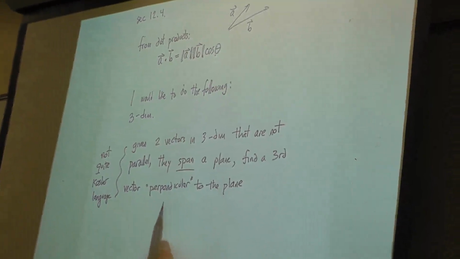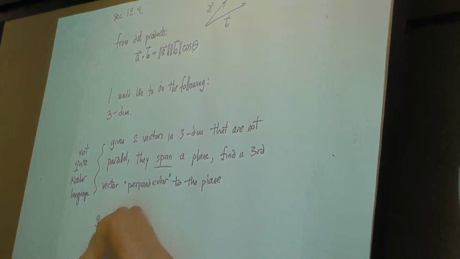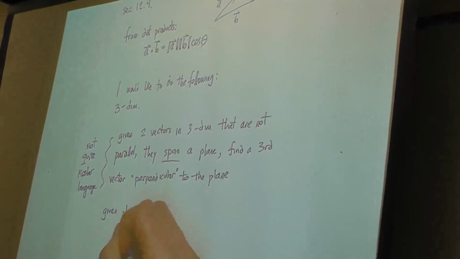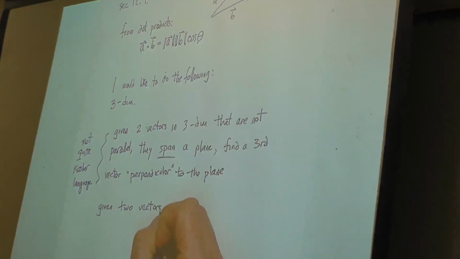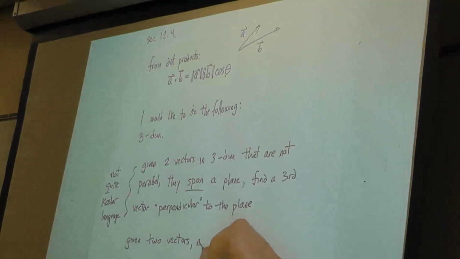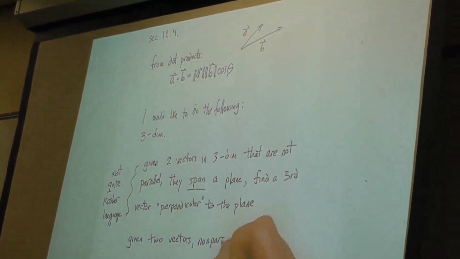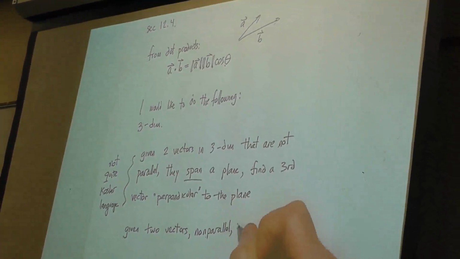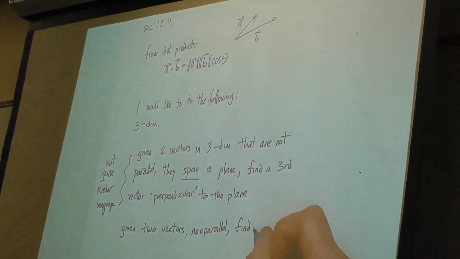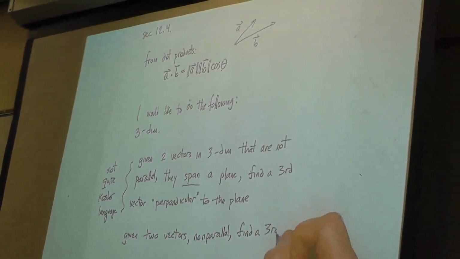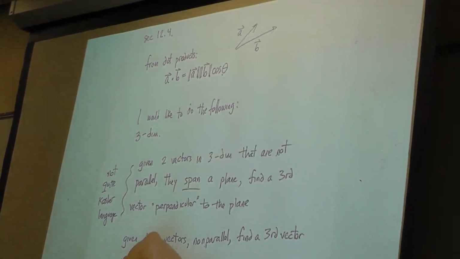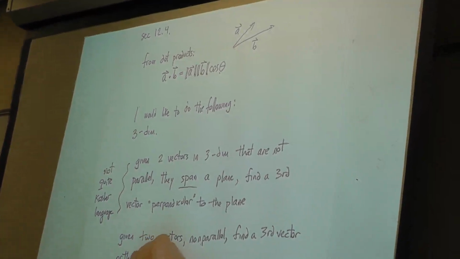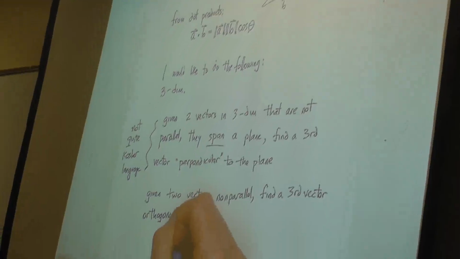Worded much more precisely, if I'm given two non-parallel vectors, find a third orthogonal to both of them.